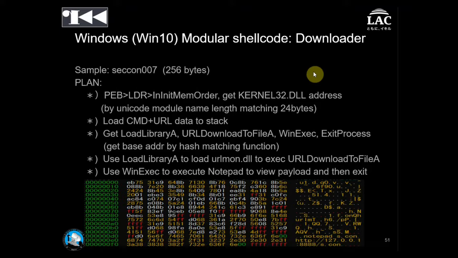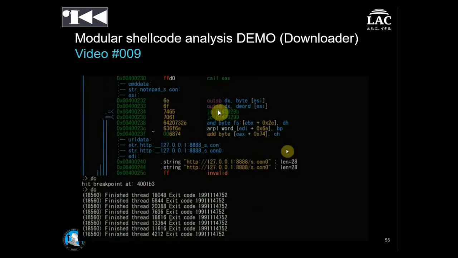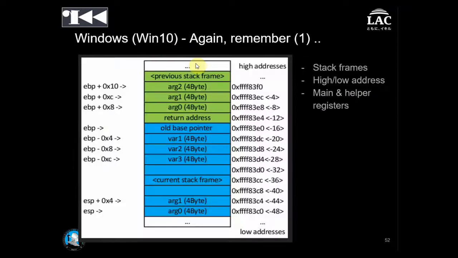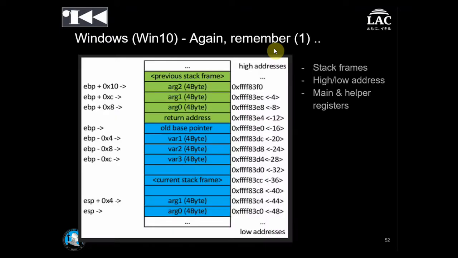009, but before we analyze the modular shellcode, which involves quite complex operations since registers in 32 bits are not that many, you have to understand stack frames, high and low addresses, especially related to the arguments being passed from one function to another.